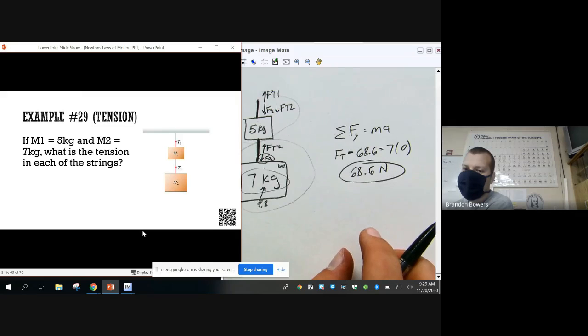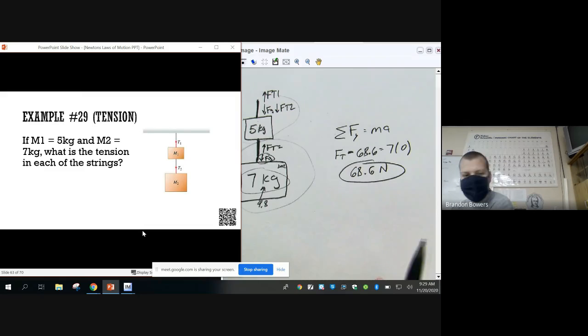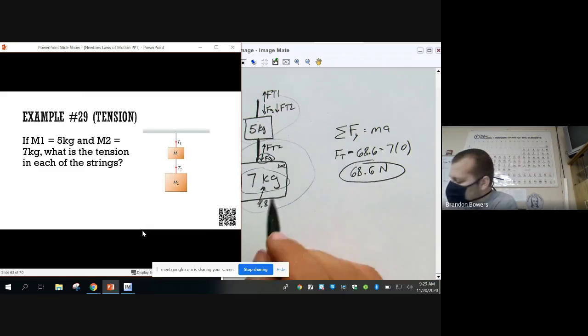Yeah, I caught that. Okay, so that's the force of this block.